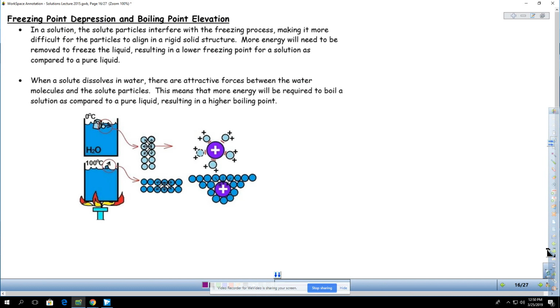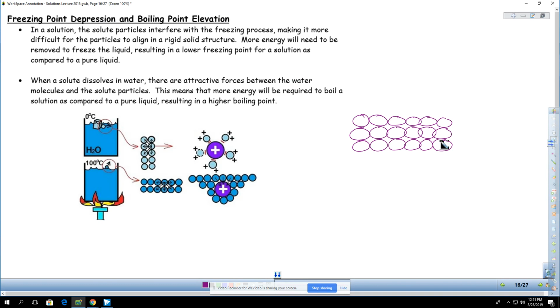It has a very specific organized crystal pattern where these water molecules align very specifically. Water molecule, water molecule, water molecule, more water molecules that are all in this frozen solid state. There's an ice cube.